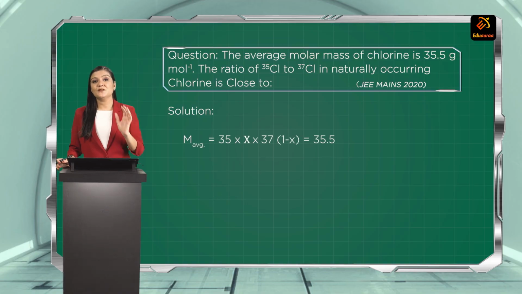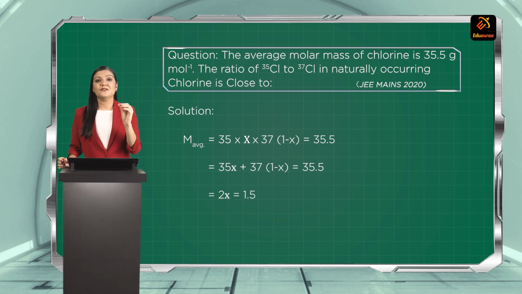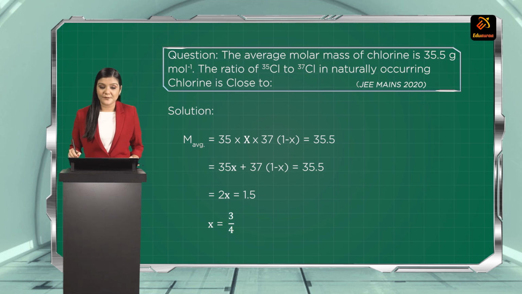If I use this concept, then average molar mass is equal to 35 multiplied by X plus 37 multiplied by 1 minus X. And we know that average molar mass is already given in the question, which is 35.5. So students, if I find out the value of X, then value of X is equal to 3/4.